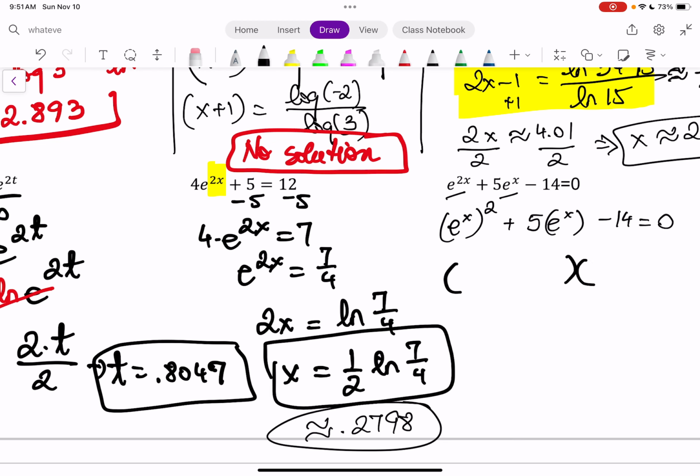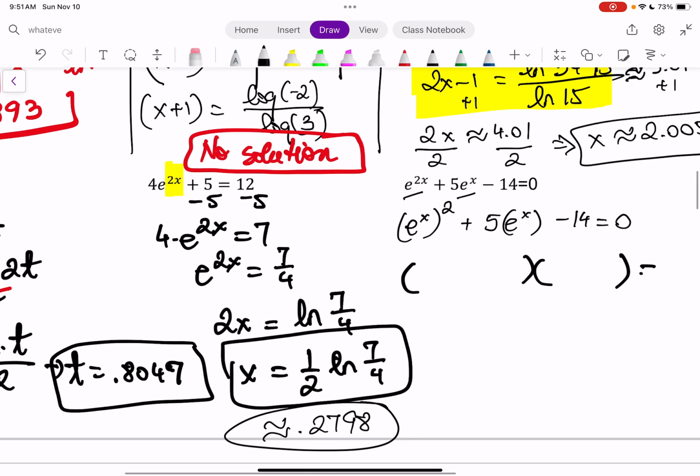e to the x squared comes from an e to the x times an e to the x, right? Same as with split an x squared into an x and an x. And now I just have to find numbers that multiply to 14 and subtract to 5, which are 7 and 2, plus 7 minus 2.